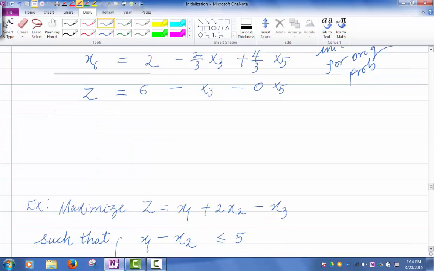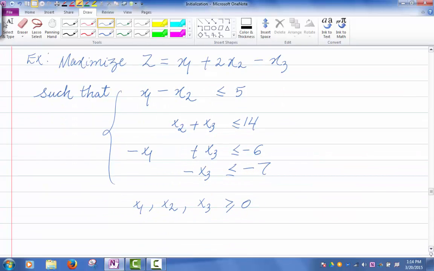So now let's do a different example. So this is a new example. I didn't give you that in the handout, I think, last time.